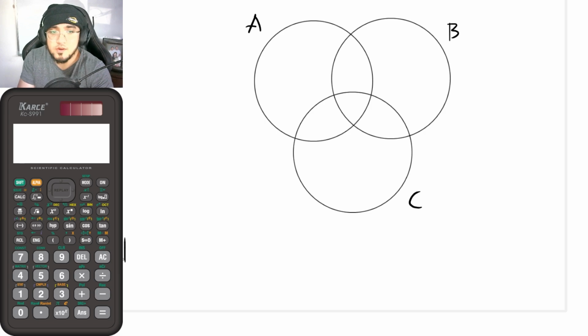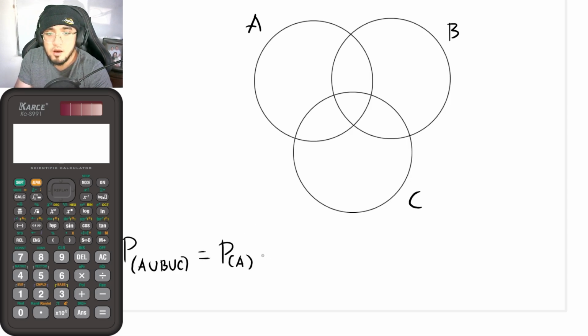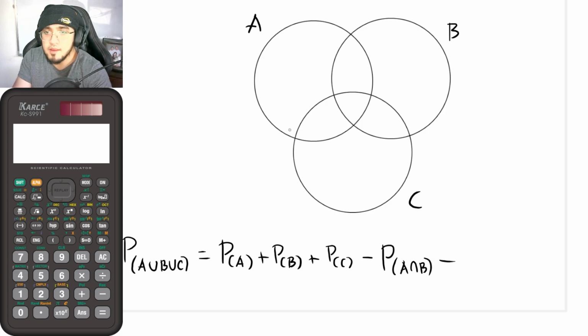Okay, so what about, let's say, if we would now be having three sets of events? In order for us to solve for the probability of their union, this is now given by the equation: the sum of their individual probabilities minus this intersection here, the probability of the intersection of A and B, minus this intersection here, P of A intersection C, minus this intersection here.